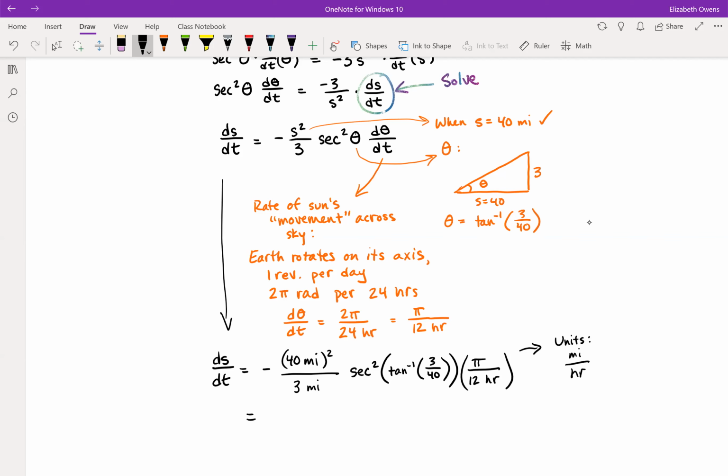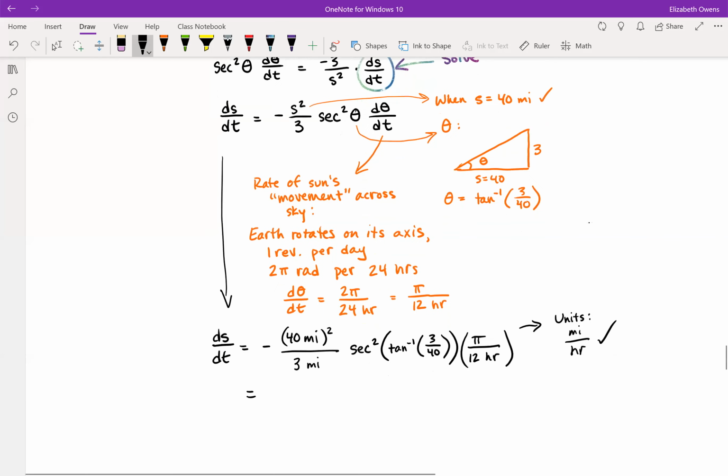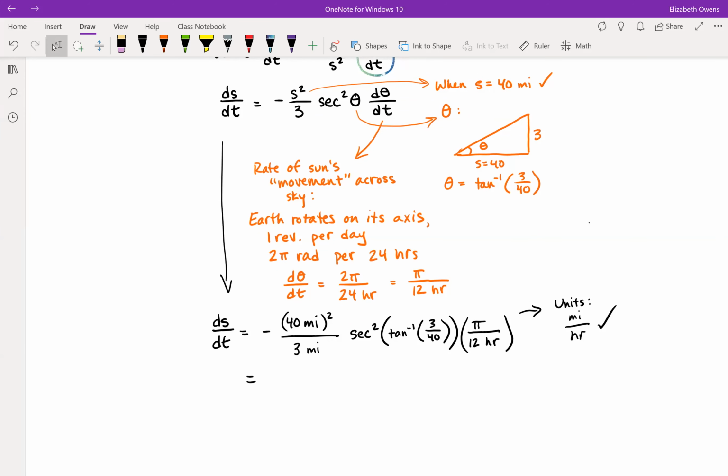Okay, that's good. We actually want that for ds/dt because s is measured in miles, time t is being measured in hours. So that is wonderful. Now this, definitely feel free to plug into your calculator.